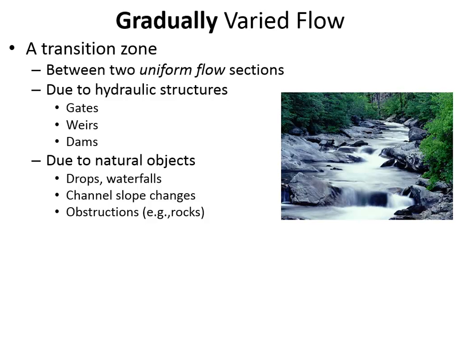And what we're going to be talking about in Chapter 14 and beyond is what happens when the flow depths change slowly. And in the coming lectures, I'm going to teach you three methods for finding what the flow depth is some distance upstream or downstream from a certain point. So trying to find what's going to be the depth because of these different features that are causing non-uniform flow.